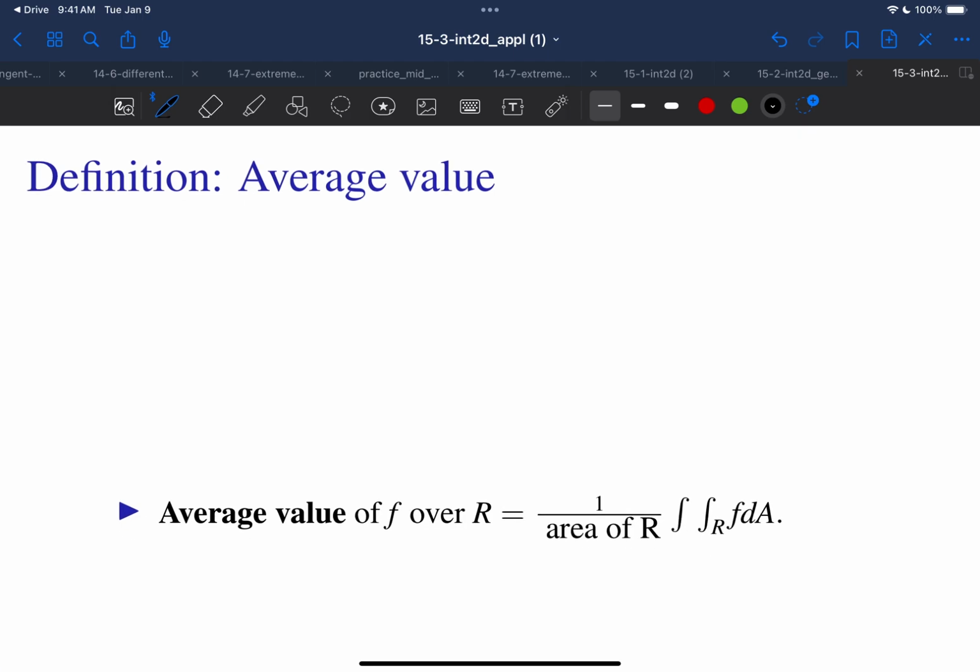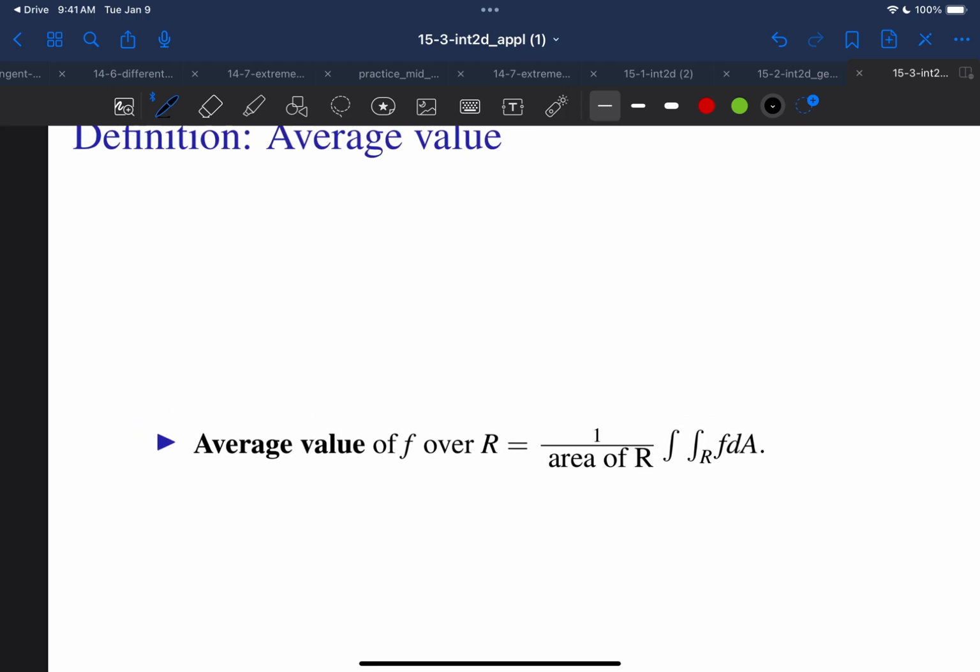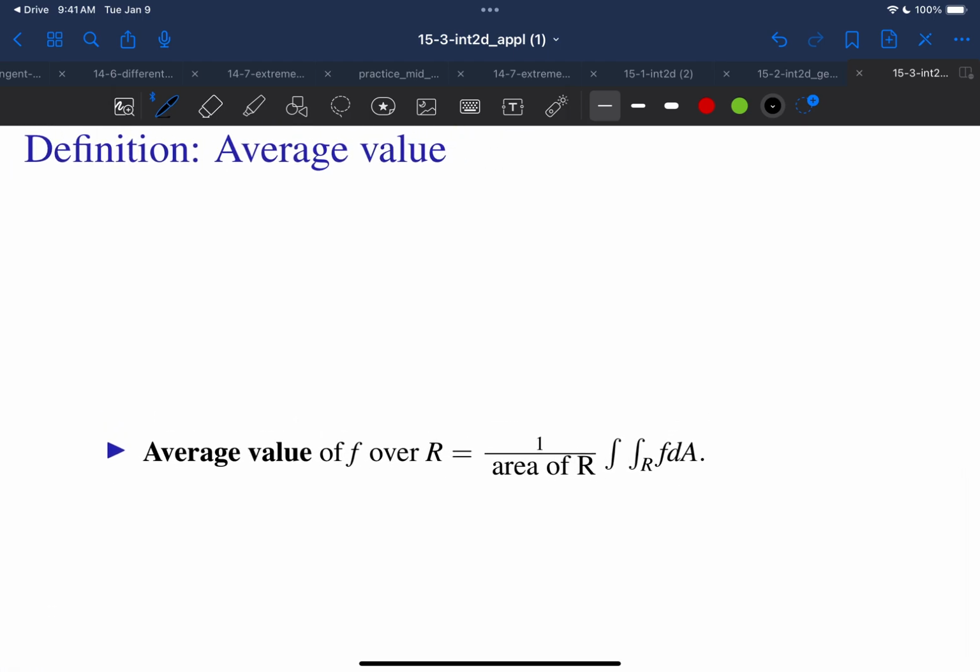All right, next concept is average value. So average value of f over R is given by 1 over area of R multiplied by the double integral over the region R of f.